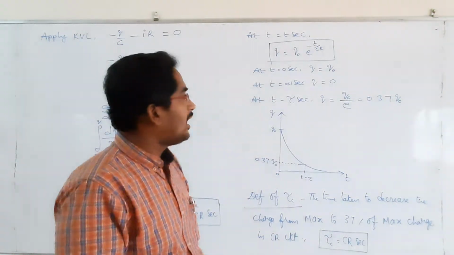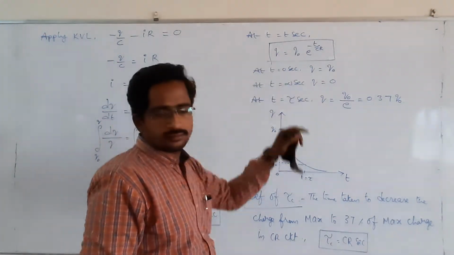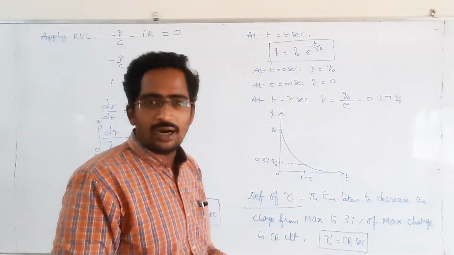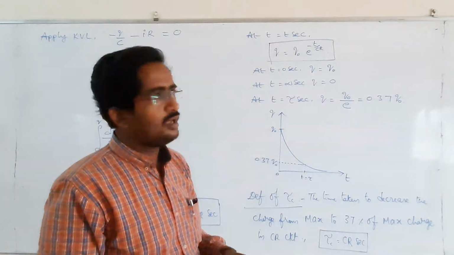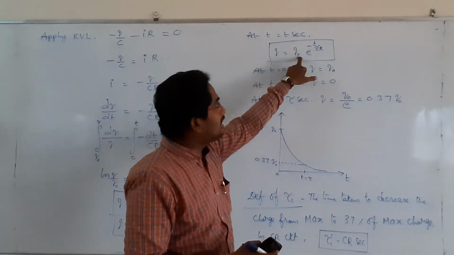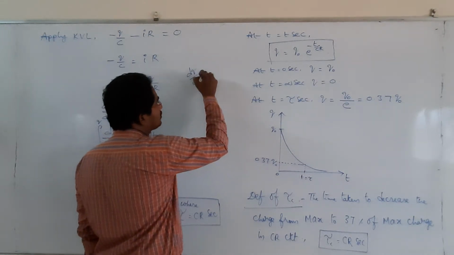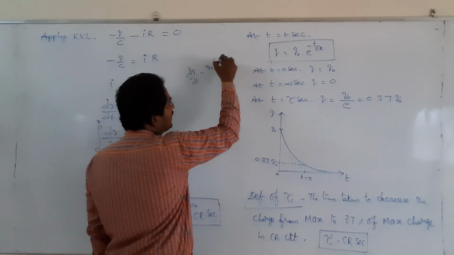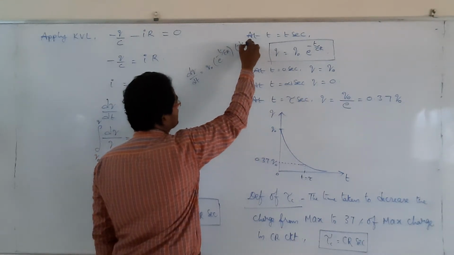Now, if you want to get the current equation here, current initially is 0, and finally it is also 0. If we differentiate, dq by dt equals q naught into e power minus t by CR into minus 1 by CR.